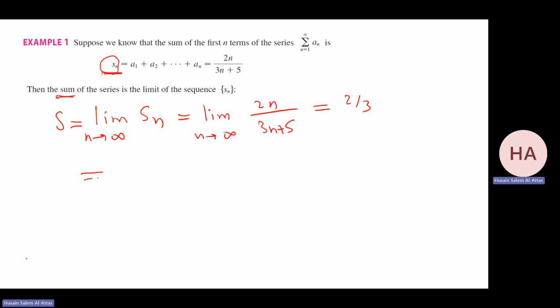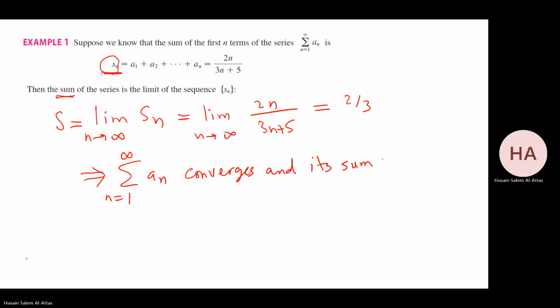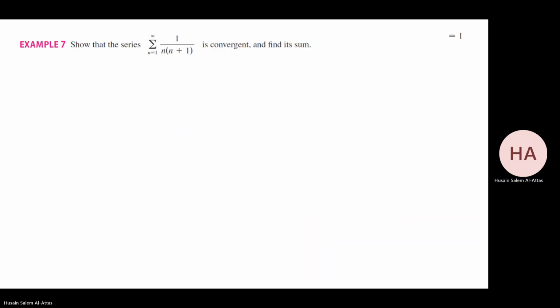So that means the series an converges and its sum is 2 over 3. I get that only from Sn, because this is what I need to discuss the convergence of the series.